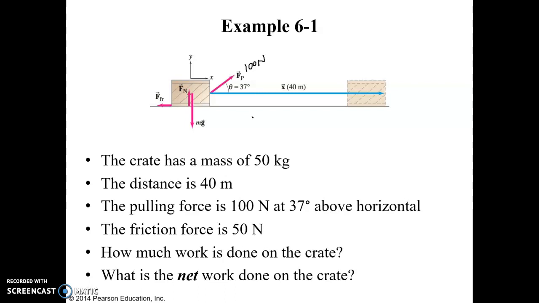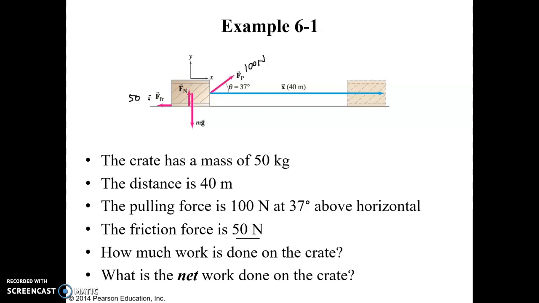And the friction force is given to us. We're not going to need to calculate the friction force. We could if we knew the coefficient of friction and the mass of the crate, but instead they've just given us the force of friction as 50 newtons.